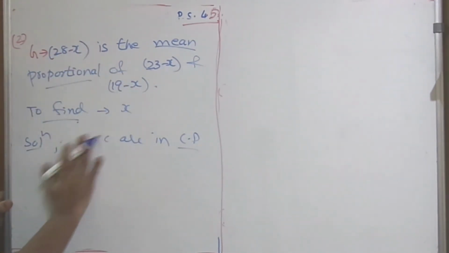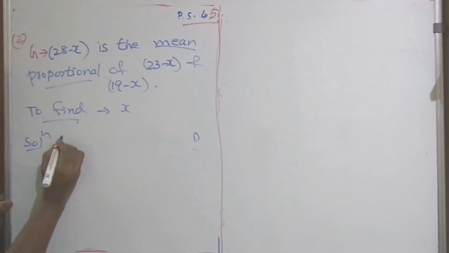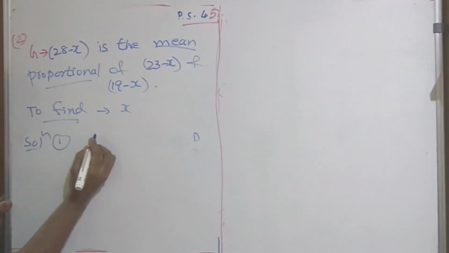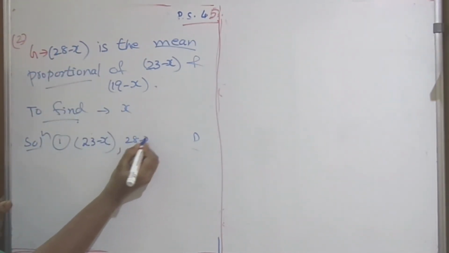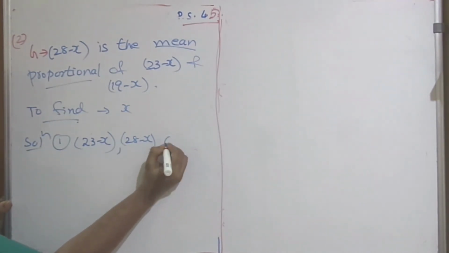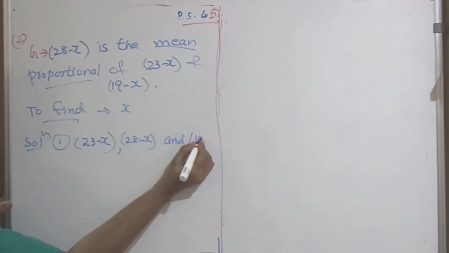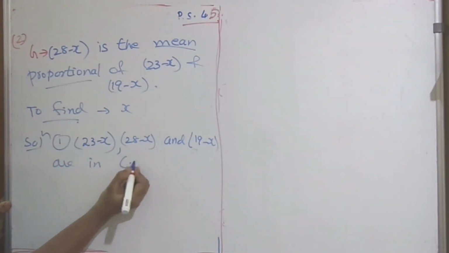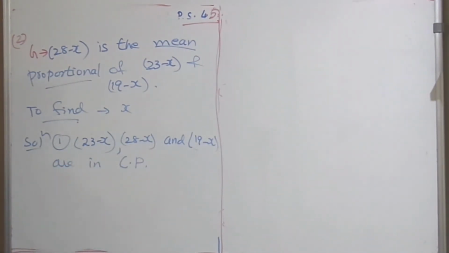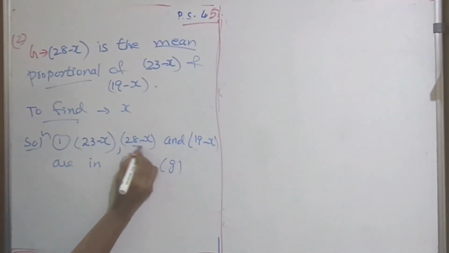Okay, so let us write down the solution. First, 23 minus x is the first number, this is the middle number, 28 minus x, and 19 minus x are in continued proportion. I am writing CP for short. This is given because they have told us that this is the mean proportional, so it is the middle number.